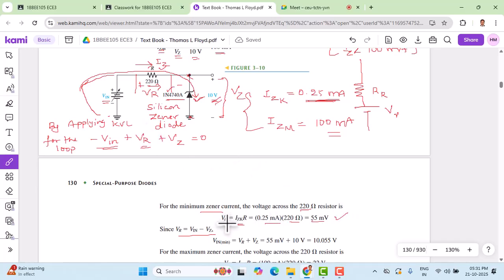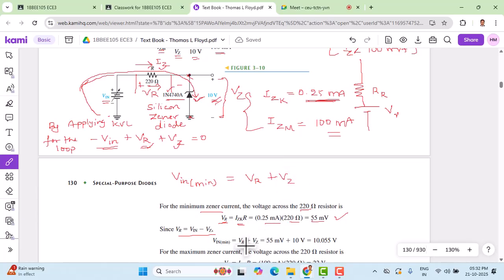What is the VR value? VR is known and VZ is known. From that we can calculate Vin minimum. This Vin I am making Vin minimum, which becomes equal to VR plus VZ.